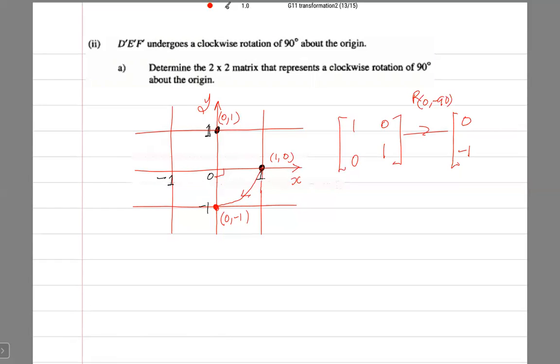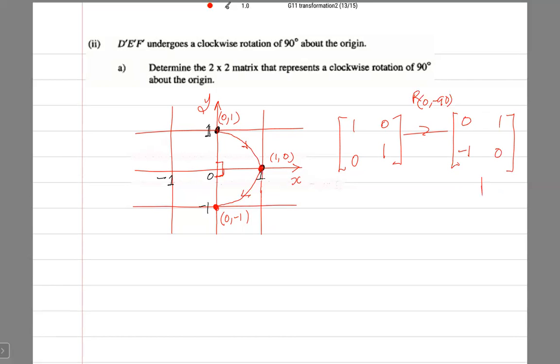Now, let us see what happens when we apply the same transformation to the point (0, 1). If I rotate this point 90 degrees in a clockwise direction, this angle here is 90 degrees. So the point (0, 1) is going to become the point (1, 0).